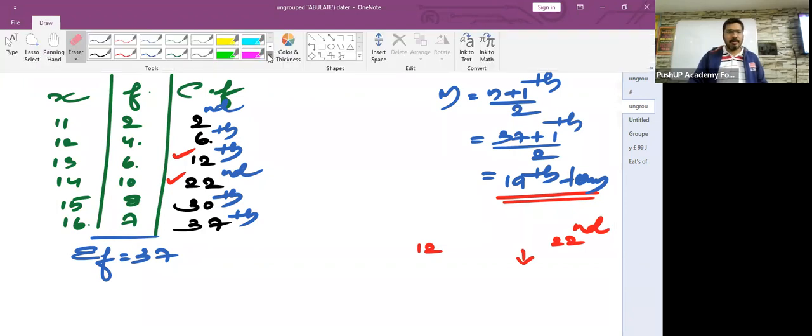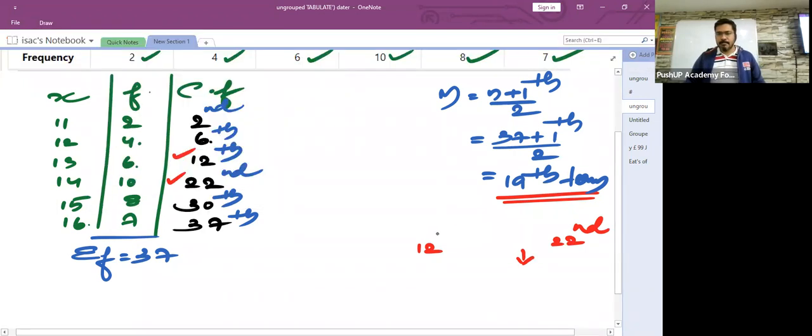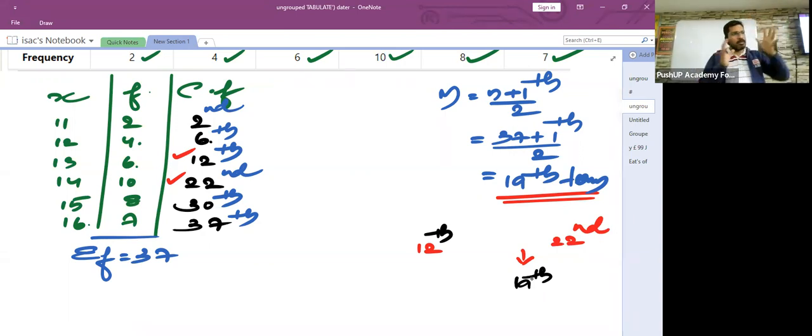Matter of common sense, right? You all remember the counting of numbers, 12, 13, 14, 15, 16, and so on. So the 19th term will come somewhere in between the 12th and 22nd term.